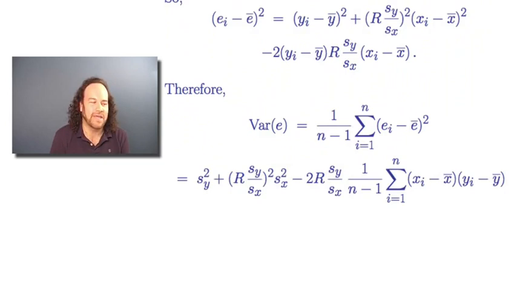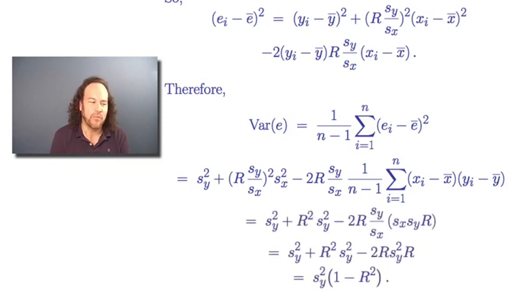And we start working it out, and we say, well, that yi minus y bar squared, when you take 1 over n minus 1 times that, that's just the variance of y, or sy squared. The second term is, again, this coefficient r times sy over sx squared, times this sx squared for the same reason. And then the cross term is, well, we've got a minus 2r sy over sx, but then we've got this sum of the xi minus x bars times yi minus y bars.